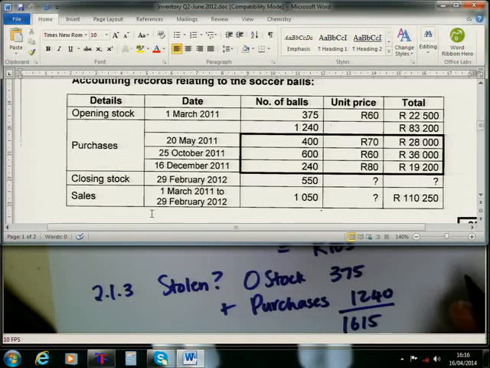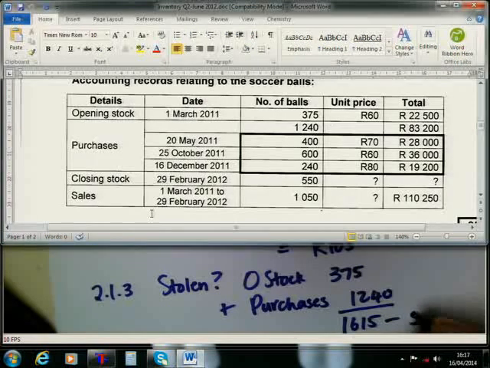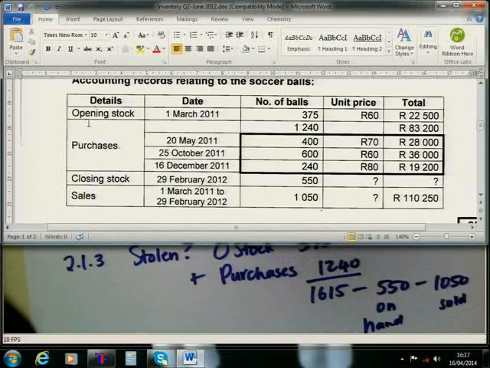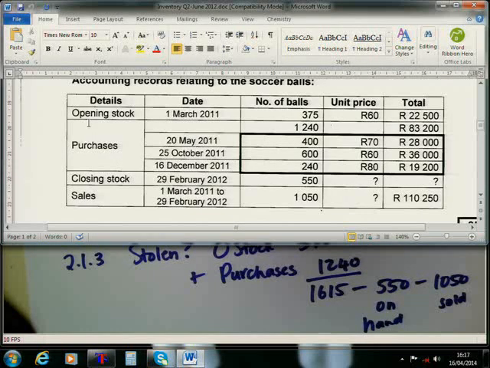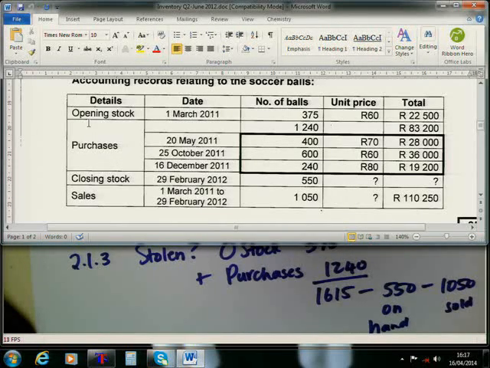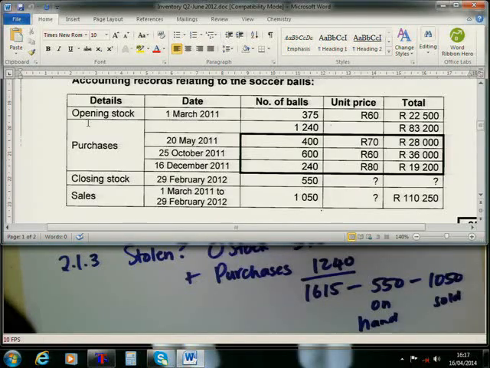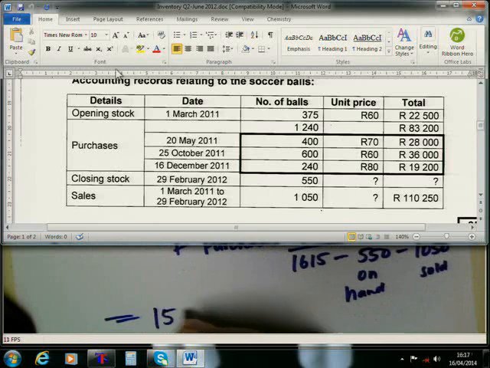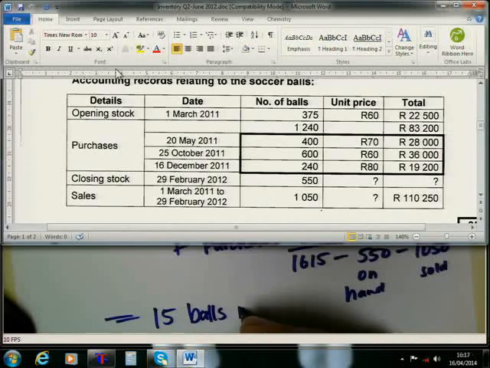We've got on hand 550, and we sold 1050. So of the 1615, 550 is still in the business, we didn't sell it yet, and 1050 was sold. And there are your 15 balls missing.